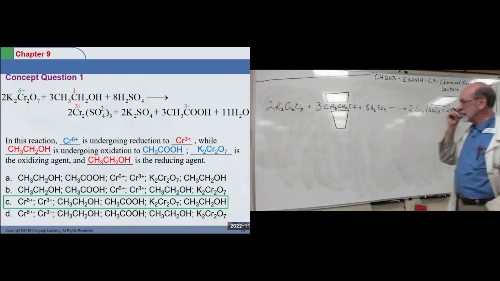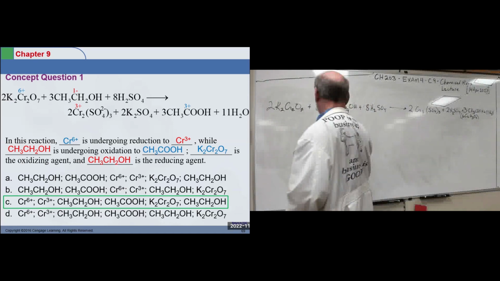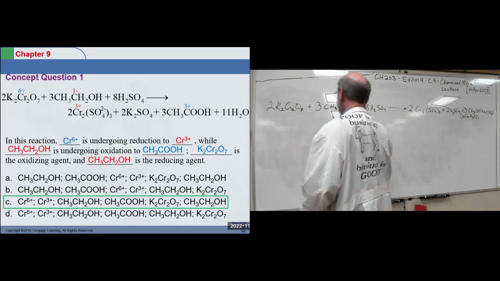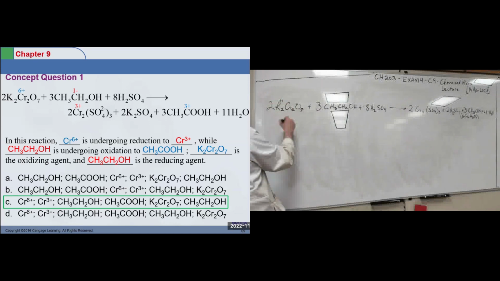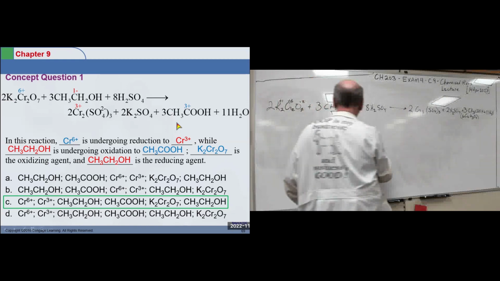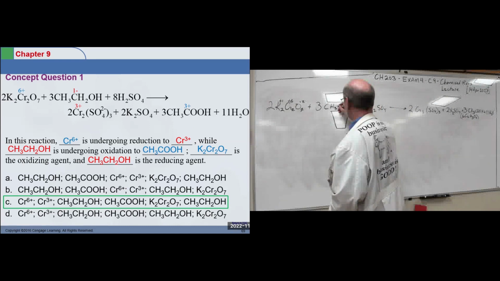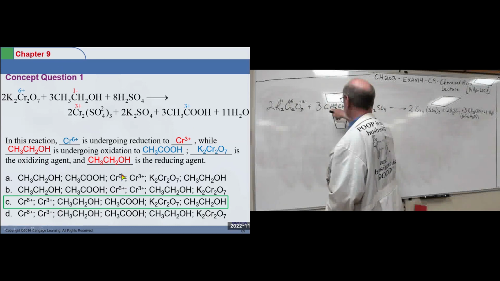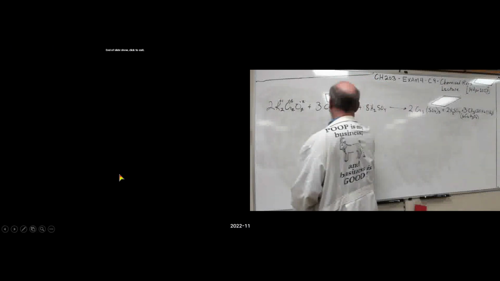All right. So let's do our oxidation states. Potassium is +1. Oxygen is -2. We did this one earlier. This one's +6. Oxygen's -2. Hydrogen's +1. These carbons, I believe, are -4.